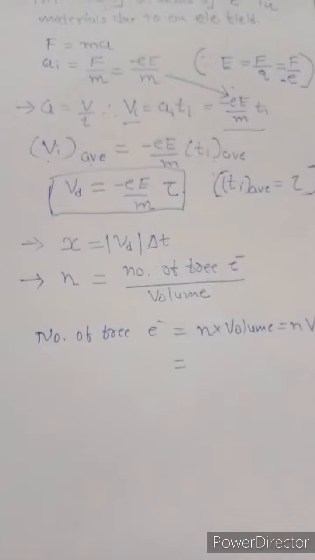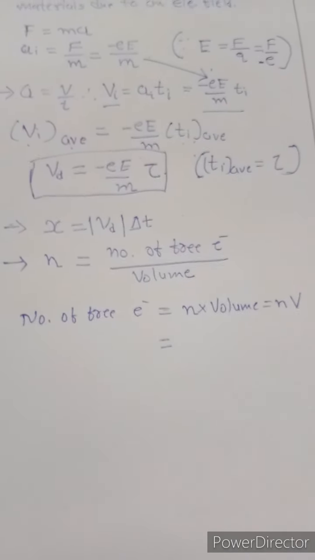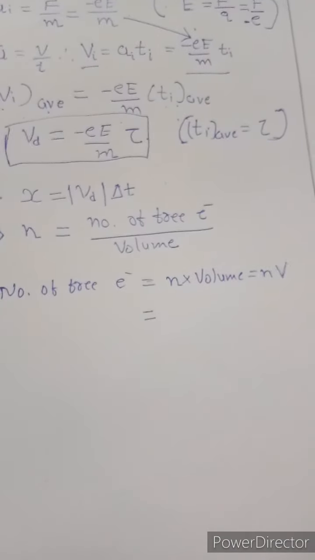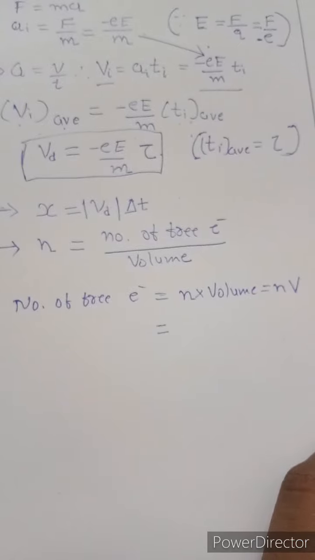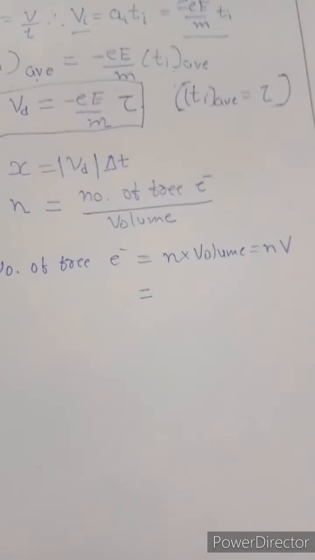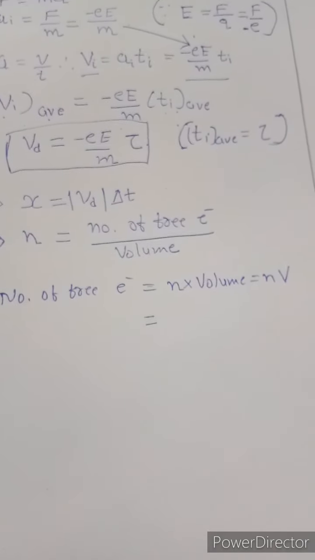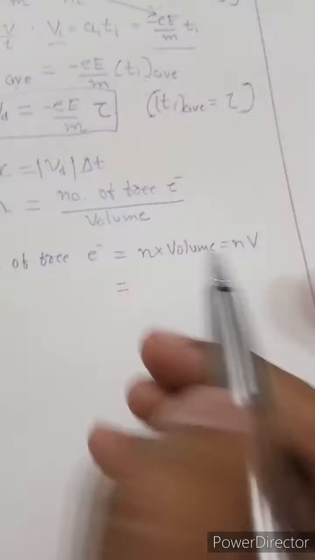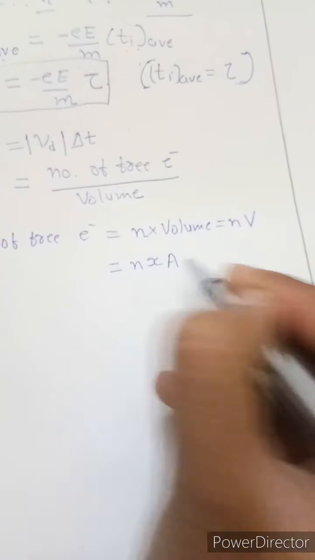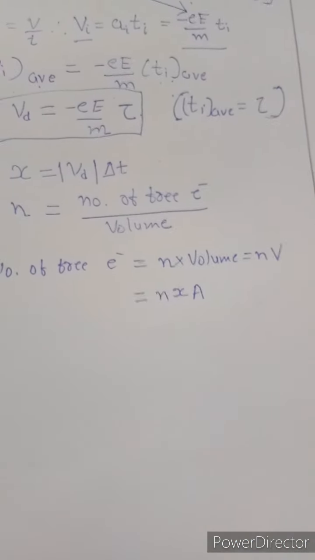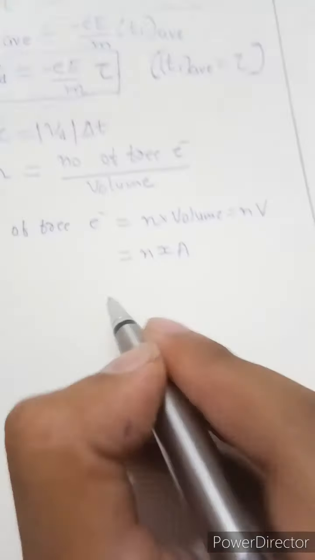Here electrons are moving, it means it covers some distance, moving in particular area. Let this area be capital A. Distance covered by them is x, and as we know, volume is nothing but the distance or length or height into area. Here distance covered is x and area is A. So number of free electrons here are taken as n into x into A.